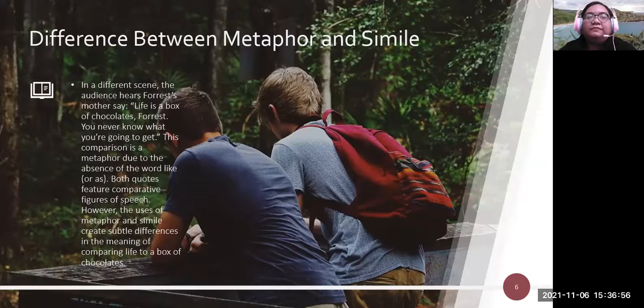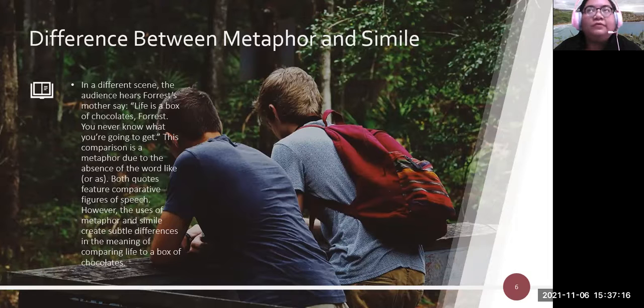Now, in a different scene, the audience hears Forrest's mother say: life is a box of chocolates, Forrest. You never know what you're going to get. This comparison is a metaphor because there's no use of like or as.